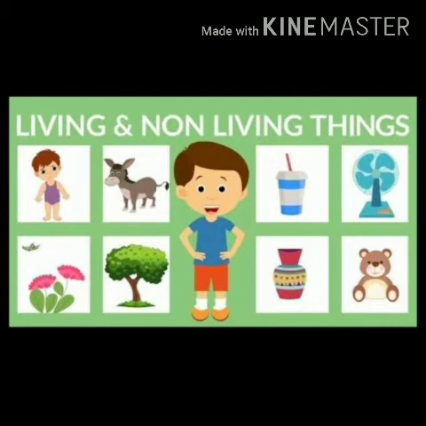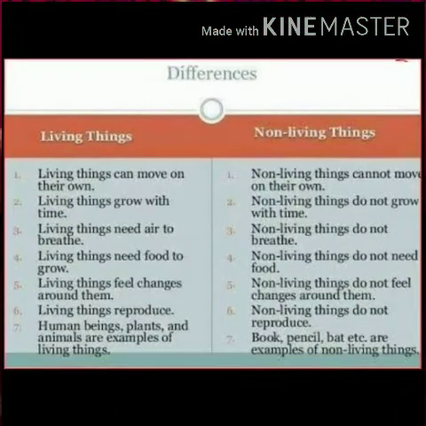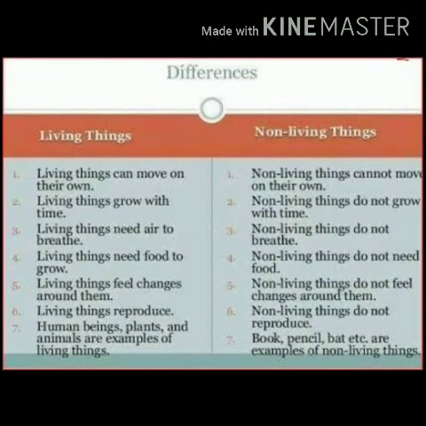So before getting into the chapter and learning what is cell, about its structure and its functions, let's first have a look at some basic points which help us to differentiate between living and non-living organisms. Living things move on their own, whereas it can't be shown by the non-living things. Living things grow with time. You will find there is a change in height, shape, size with time, whereas in case of non-living things it doesn't happen.